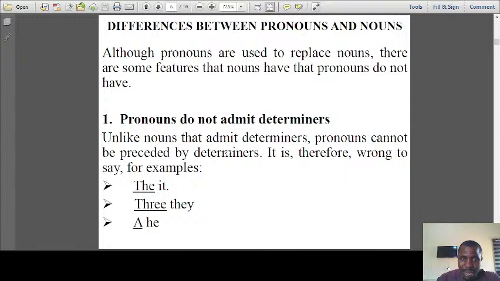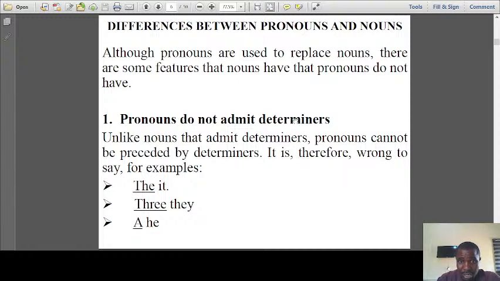And number one is that pronouns do not admit determinants. Very soon we'll discuss the minor part of speech called determinants. But during the time we discussed adjectives last week, we always mentioned determinants because some of them modify nouns.